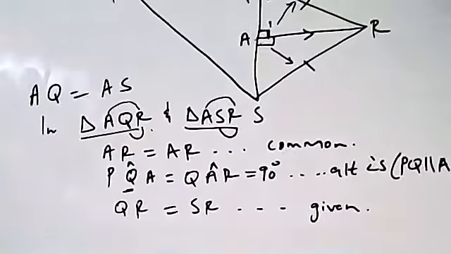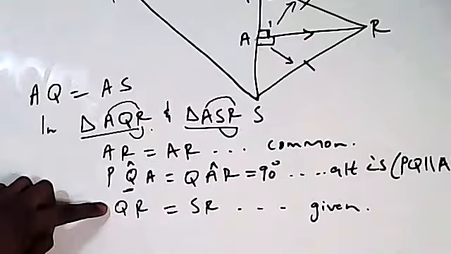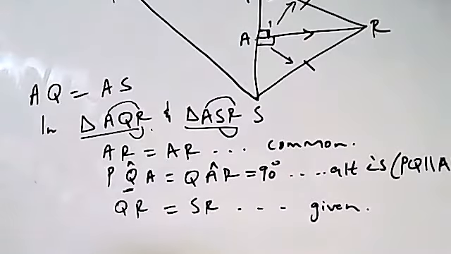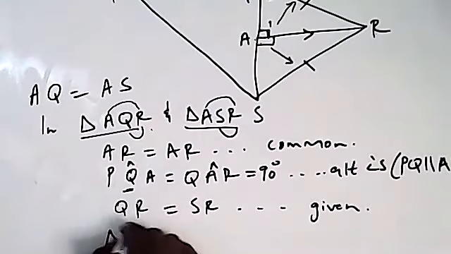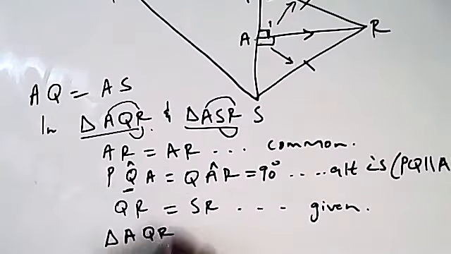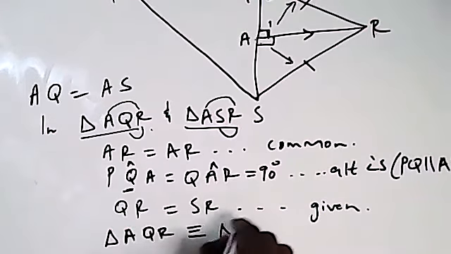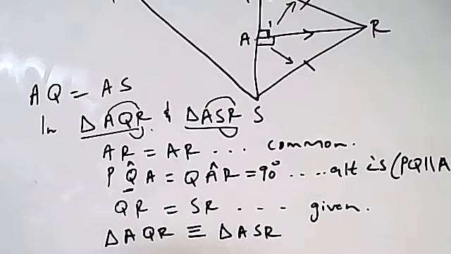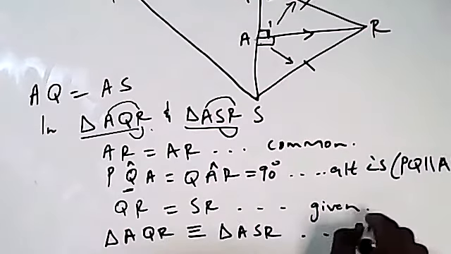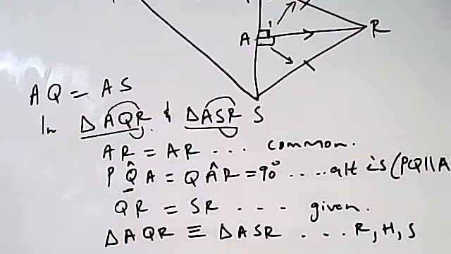So already we have 1, 2, 3 statements, and then we can conclude that triangle AQR is congruent to triangle ASR, and the reason for that is right angle, hypotenuse, side.